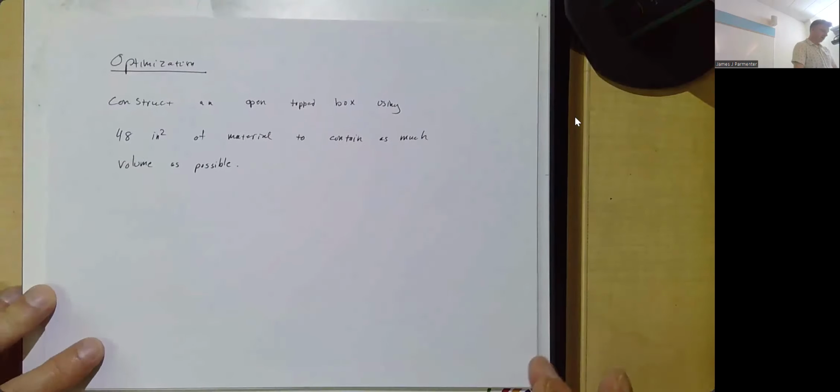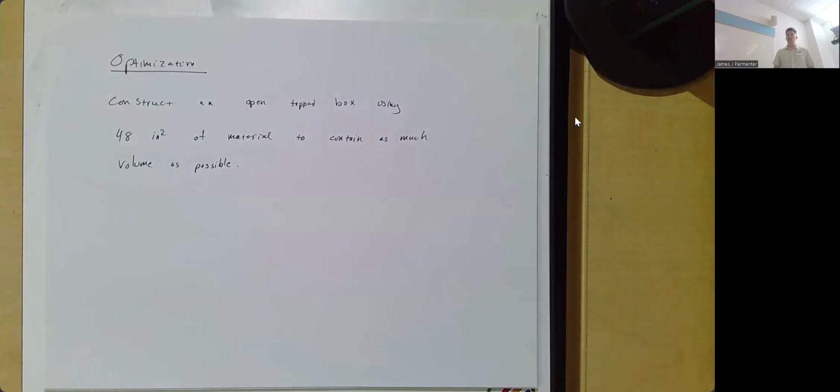I probably haven't written this in the most linguistically correct way. What I'm trying to say is I have essentially 48 square inches of surface area to work with. I'm going to make a box that doesn't have a top, and I want that box to hold the largest amount of volume, in other words, maximize the volume of this box.